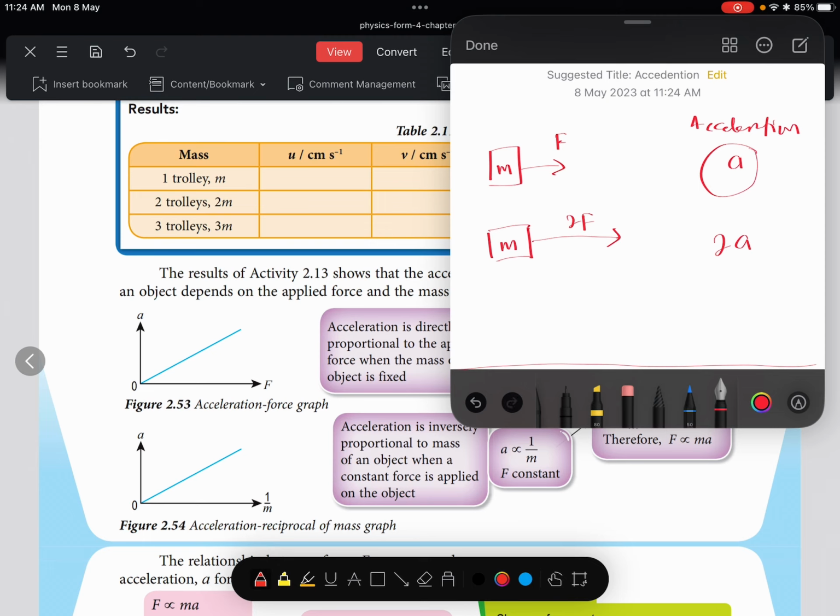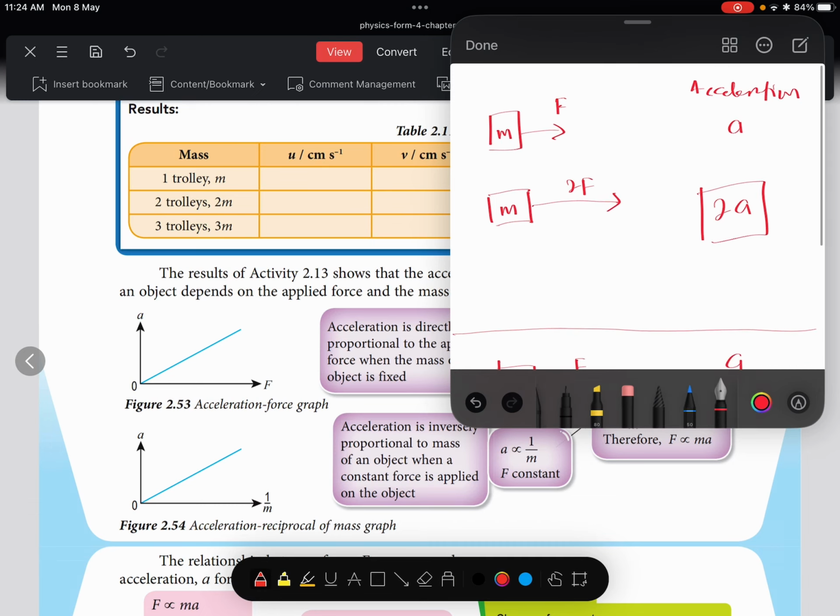What happens if we change the force? Now the new force is 2F, which means the force is increased, so the object will accelerate faster. When the force is 2F, the acceleration will be 2a.